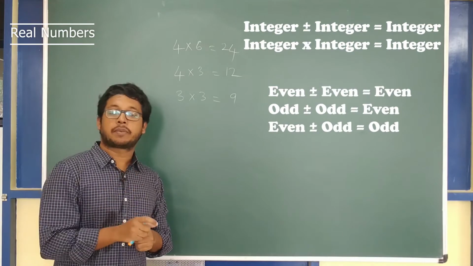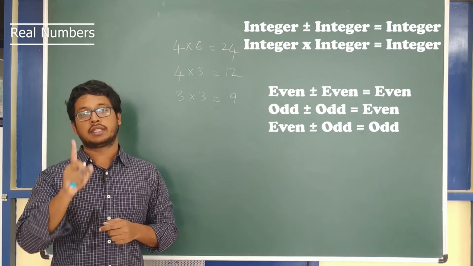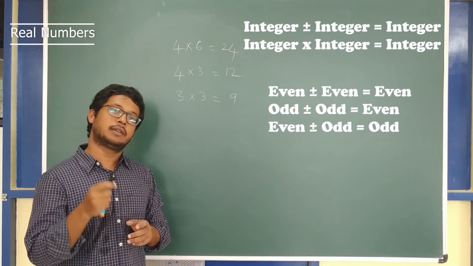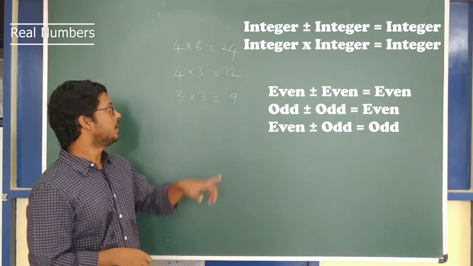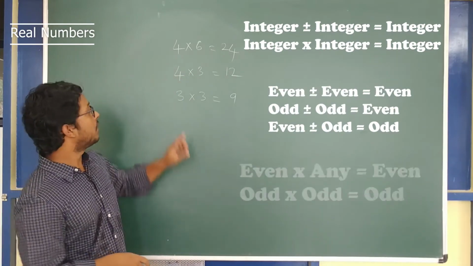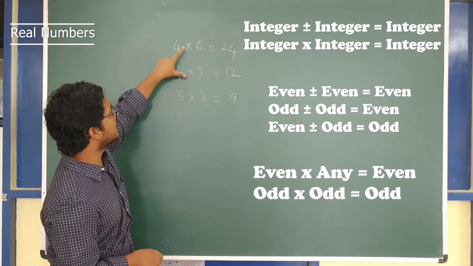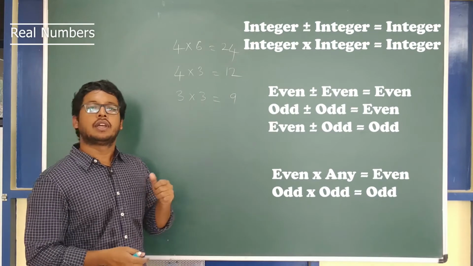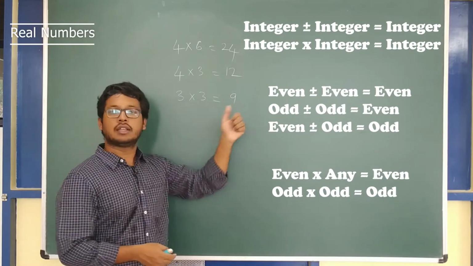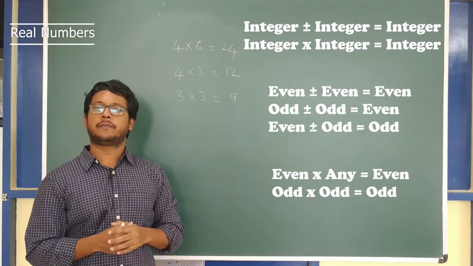Similarly, if you subtract two even numbers or two odd numbers, the resultant will be an even number. But if you subtract even and odd, the resultant will be an odd number. Similarly, in multiplication, if you multiply even with any number, odd or even, the resultant will be an even number. If you multiply odd and odd, the resultant will be an odd number.